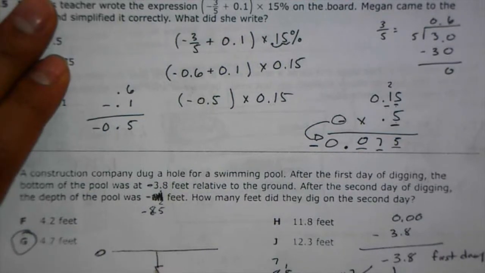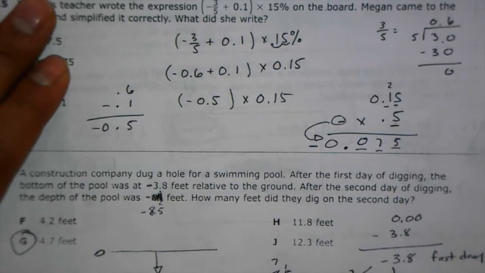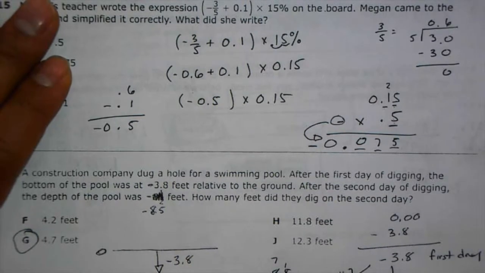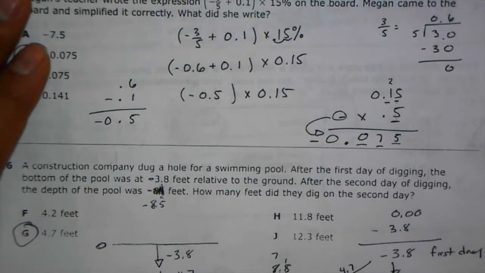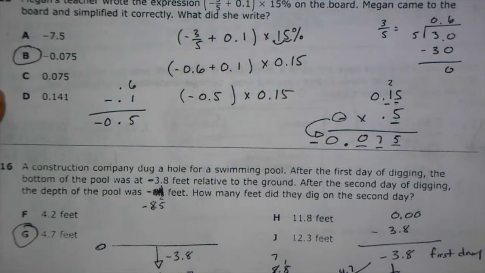So if you dig, here I dig 3.8, and if I kept digging some more, 4.7, I should end up at how much? 8.5.